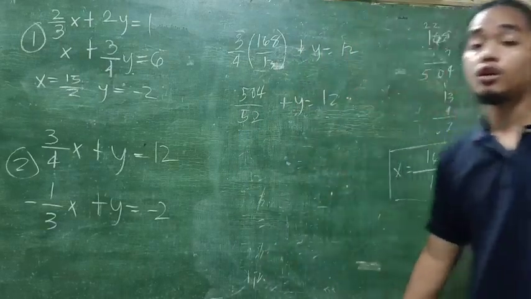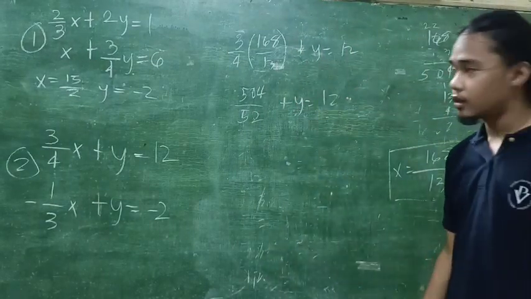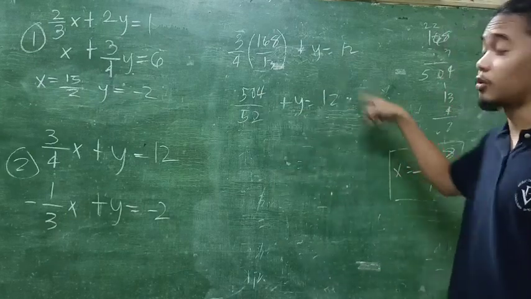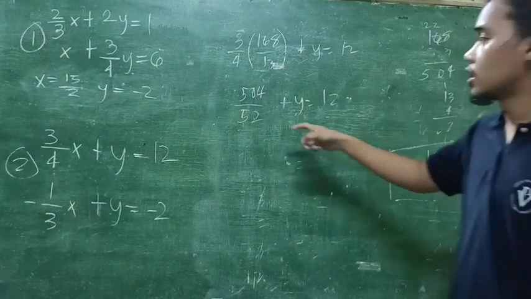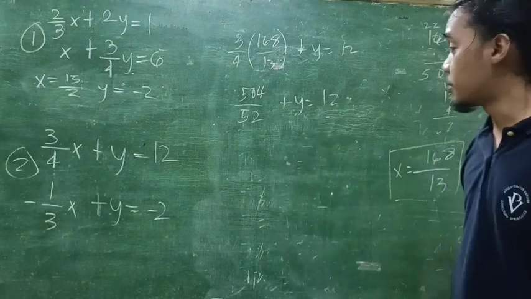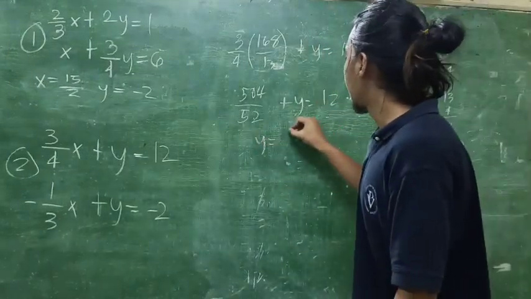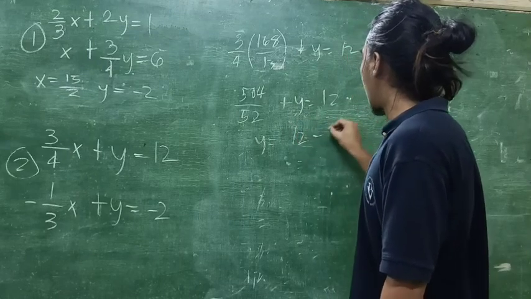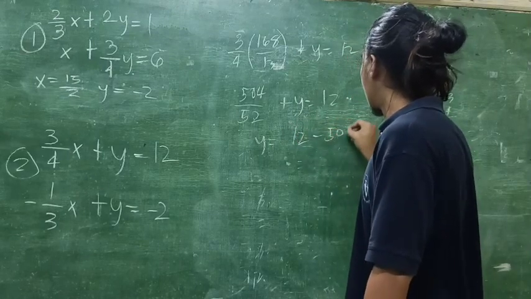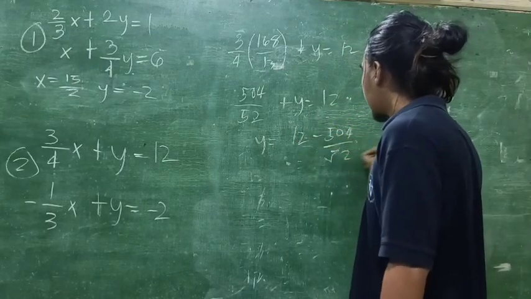So combine like terms. Just transpose this 504 over 52 to the other side. So y is equal to 12 minus 504 over 52.